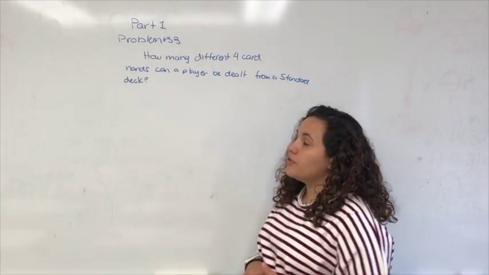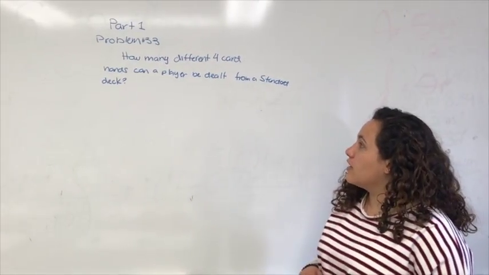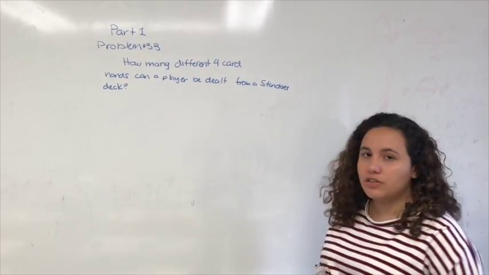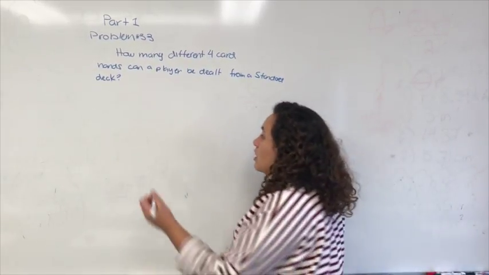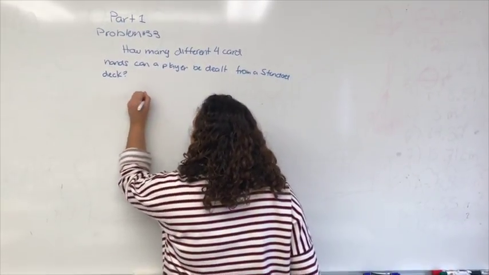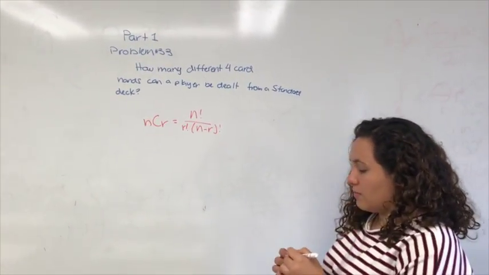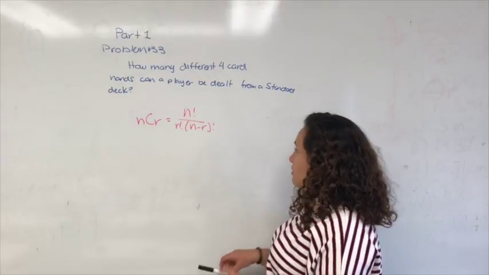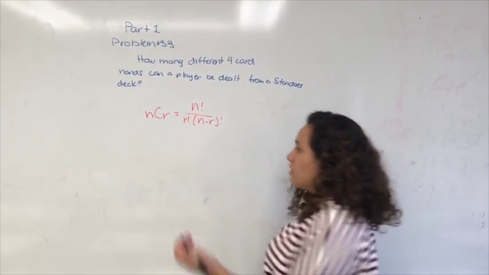We're going to do problem 33 from the lab of part 1. It says, how many different 4-card hands can a player be dealt from a standard deck? Well, first of all, we have to identify that this is a combination, so we have to use the formula. This is a formula for combinations, and then we have to identify that in a standard deck there are 52 cards.